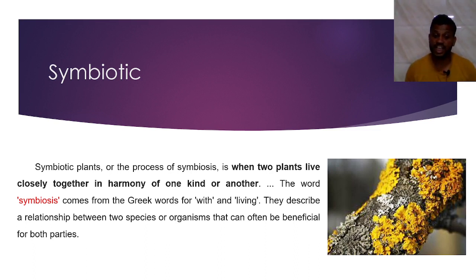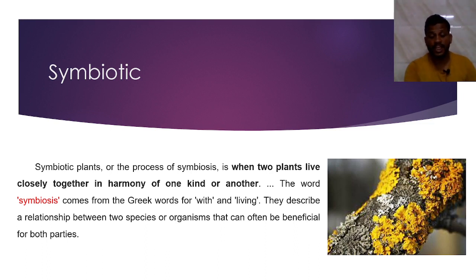The exchanging of nourishment is the process of symbiosis, which means living together, or with and living. This is the symbiote: plants which closely develop with each other by exchanging their nourishment or food.